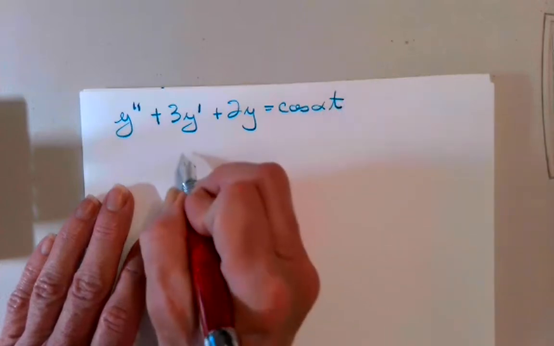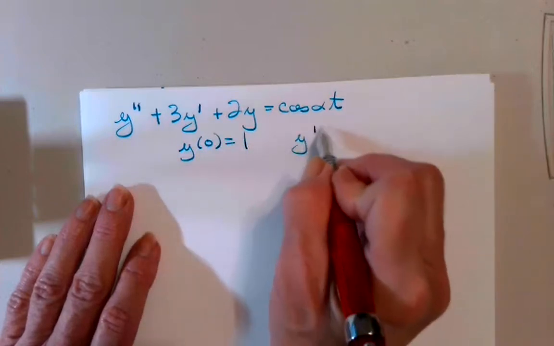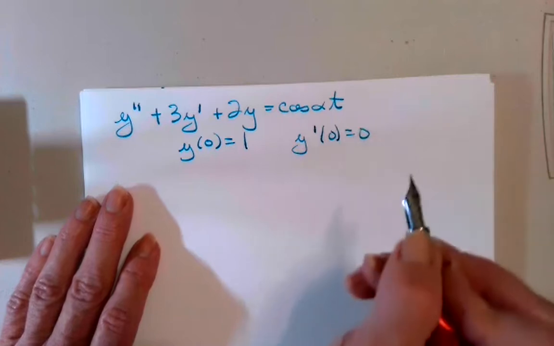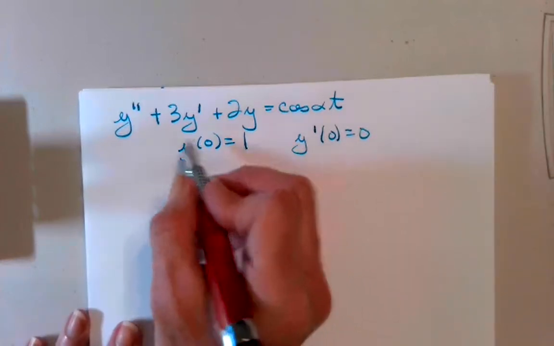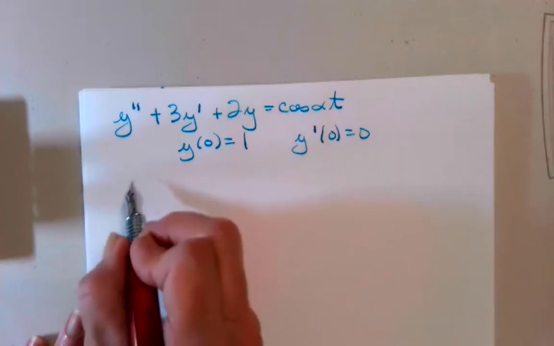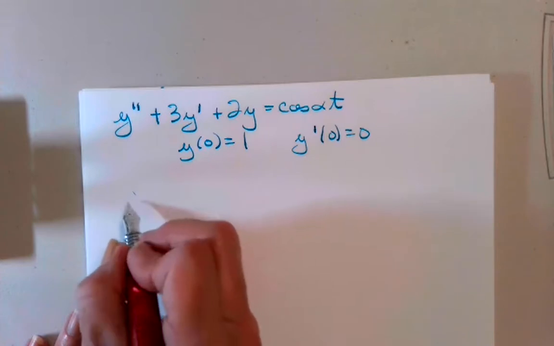Y of 0 is 1, y prime of 0 is 0. So take the Laplace transform on both sides of the equation. When we do that, what do we get?